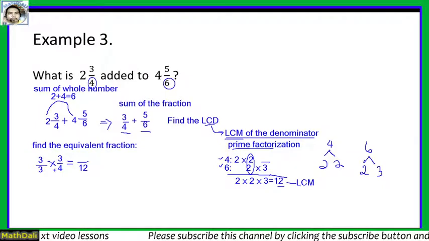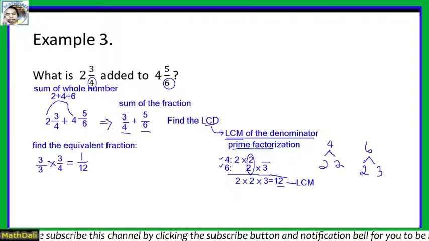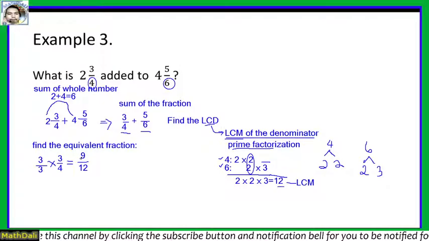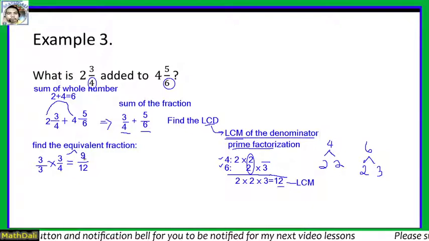So 3 times 4 that is equal to 12 and 3 times 3 that is equal to 9. Okay, pag ni-lowest term ninyo to, 9/12, babalik kayo dito sa 3/4. Kasi nga, itong 3/4 at saka yung 9/12 ay equivalent fraction.